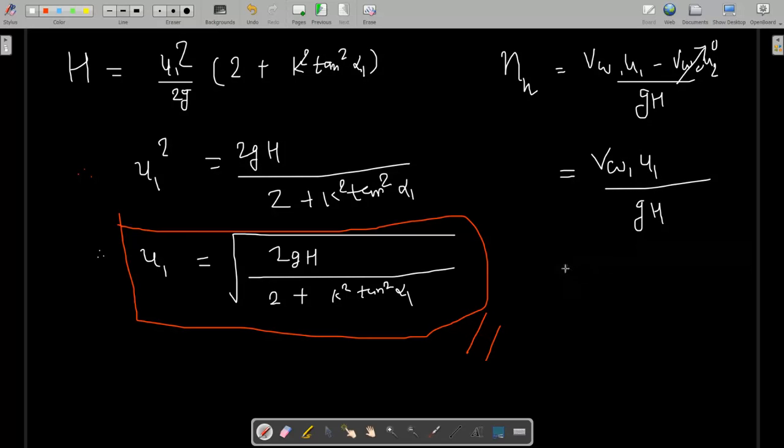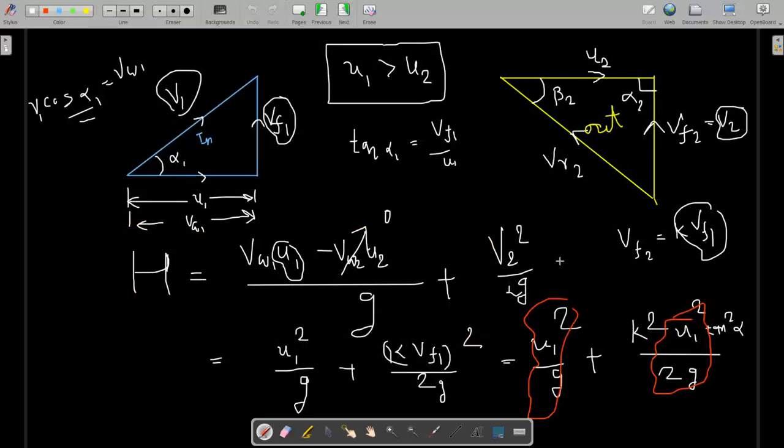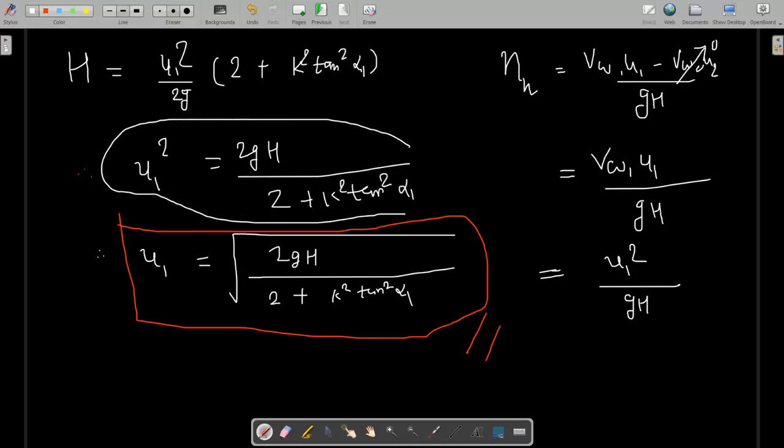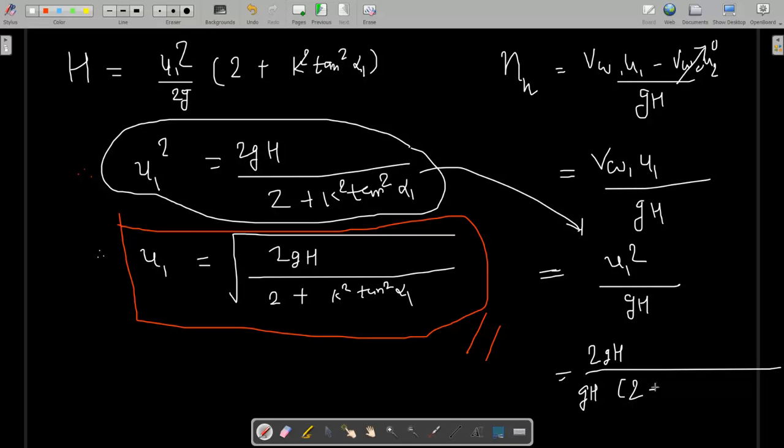Now from the inlet velocity triangle you can easily say that U1 is equal to Vw1, so U1 square divided by gH, and as you can see U1 square has this value, just substitute here, so 2gH divided by gH into 2 plus K square tan square alpha 1.